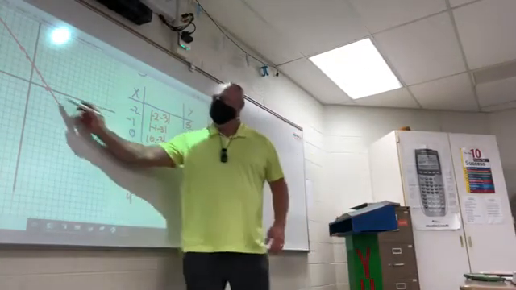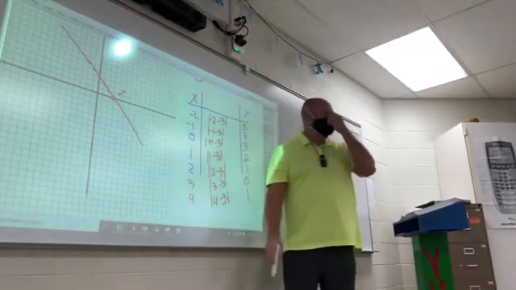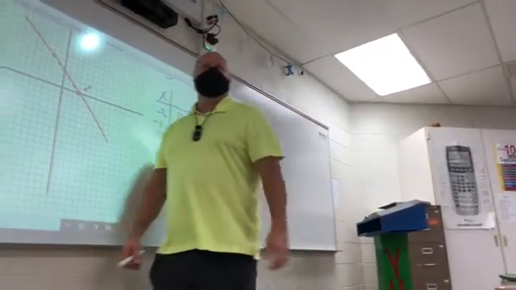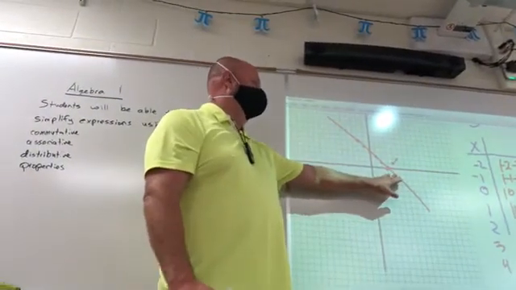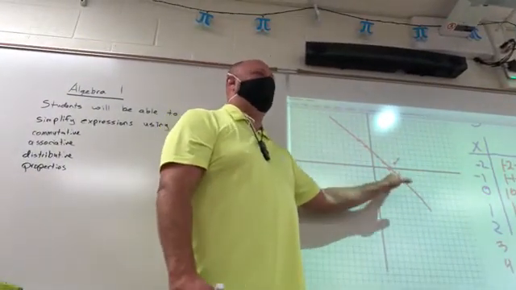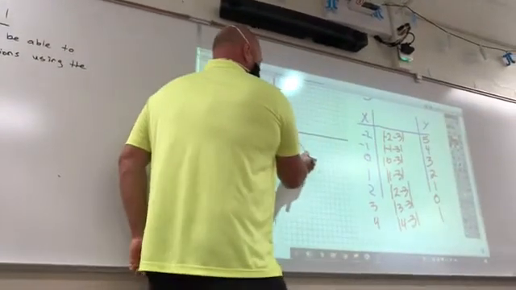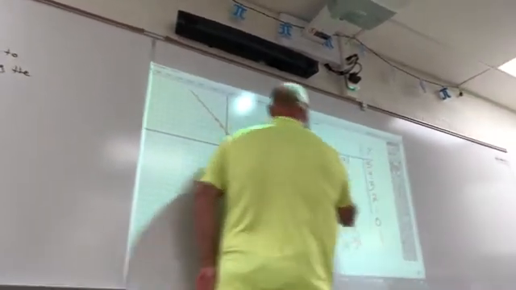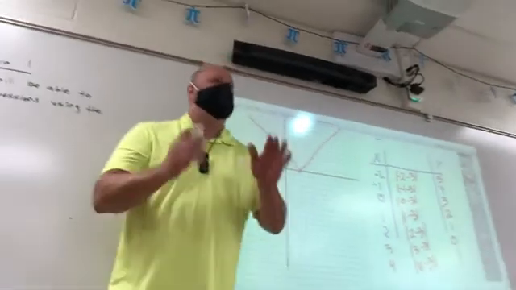Uh-oh. 4, 1. What just happened? Did we do something wrong? We did not do something wrong. This is not what the picture looks like. The problem is this. This is actually an absolute value graph, and actually all absolute value graphs are V-shapes.